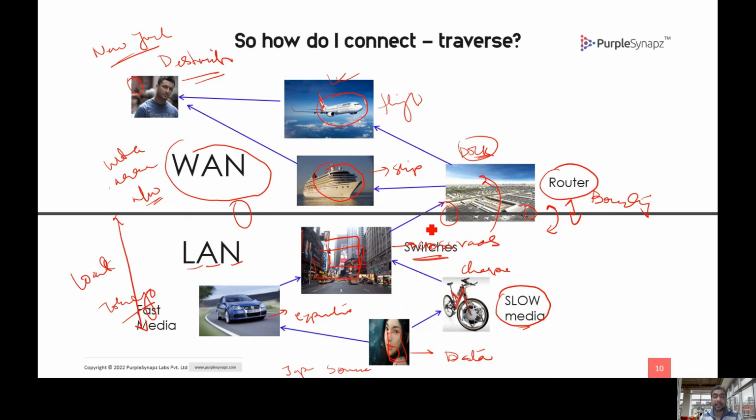The switch again connects back to the router, where it routes into a wide area network, which is the destination. If you can understand this, then you understand 70% of the basics of network security. And then you go about learning the terminologies and the technical part of it, but the concept remains this.